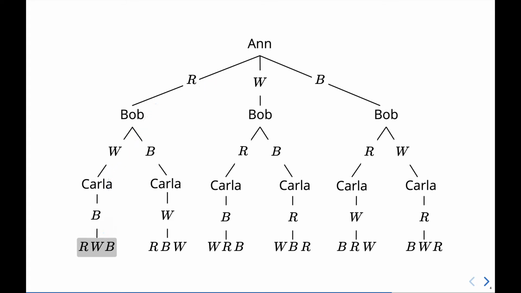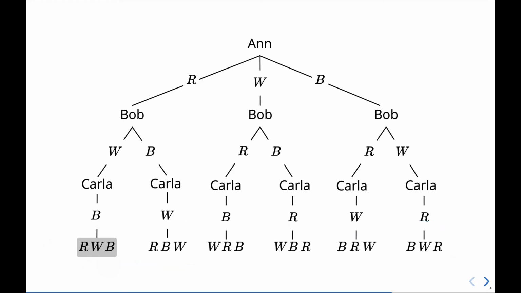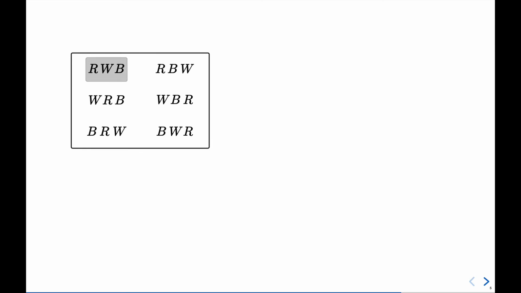But the waiter considers all six of these situations as possibilities. The waiter isn't certain. It could have been the case that Anne ordered white wine, for example, and then maybe Bob ordered a beer, and then finally Carla would have ordered a red wine. So each of these six situations represents a possibility that the waiter considers. Now, focusing on these six possibilities, this is the waiter's initial uncertainty set. These are all the distribution of drinks to the customers that the waiter initially considers possible.